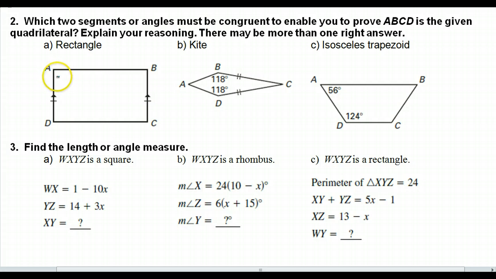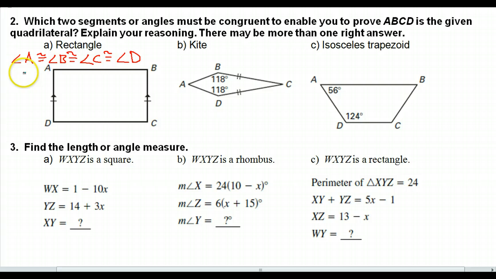So, which segments or angles? If we could show that angle A, angle B, angle C, and angle D were all congruent, that would mean they all had to be 90 degrees, which would prove this was a rectangle. So one way would be to say that angle A is congruent to angle B and congruent to angle C and congruent to angle D. Okay?